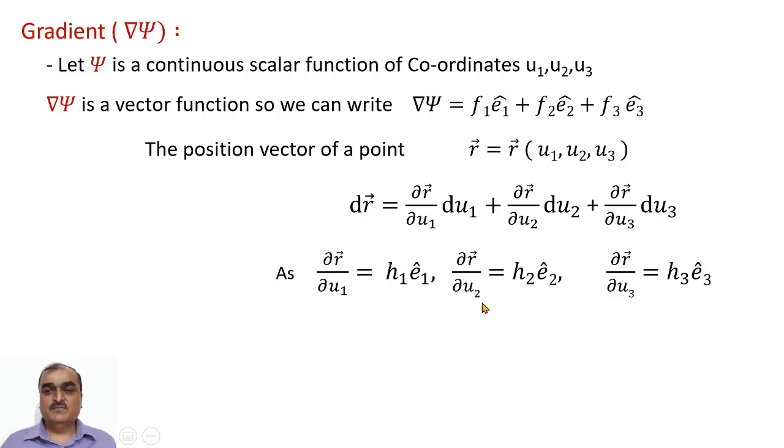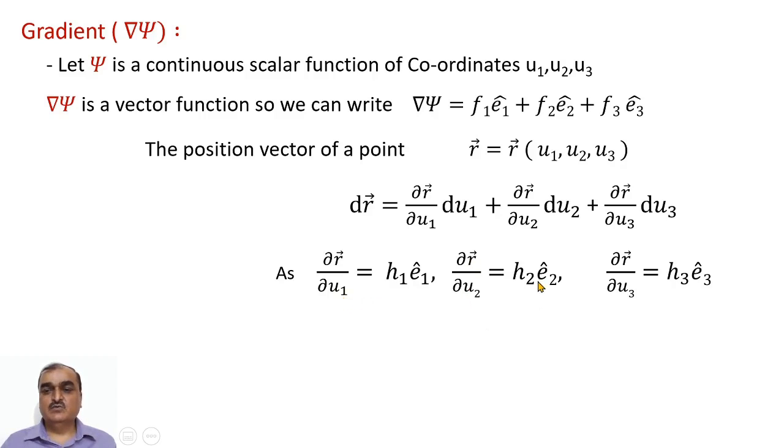As we have already obtained in the previous lecture, the partial derivative of r bar with respect to u1 is equal to h1 e1 cap, where h1 is a scale factor and e1 cap is the unit vector tangent to the u1 curve.